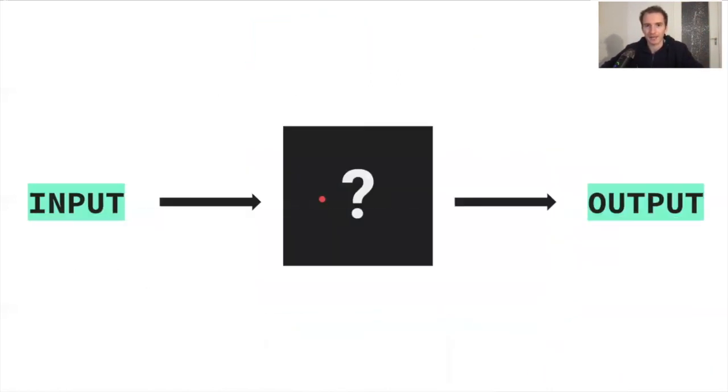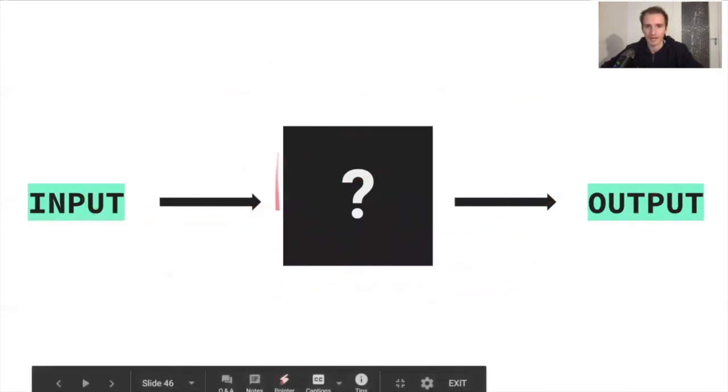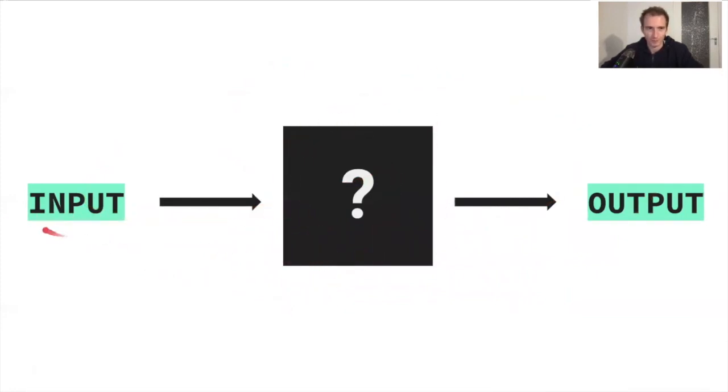Going back to the factory or box example, we have the black box, which is the function. We're passing in an input, which is one or many arguments, and the output is defined by whatever goes after the word return.